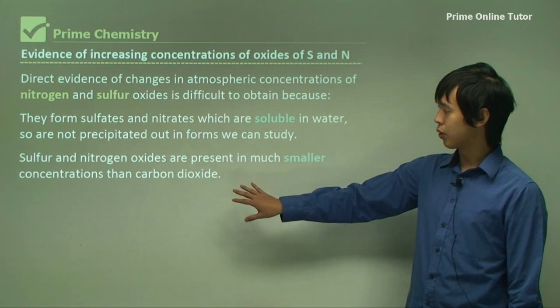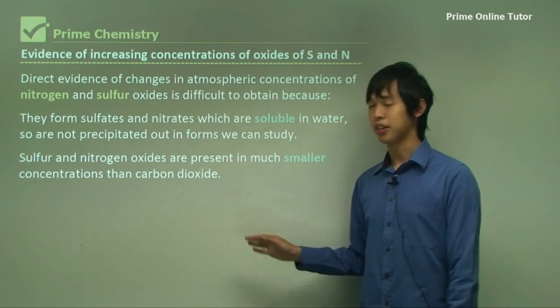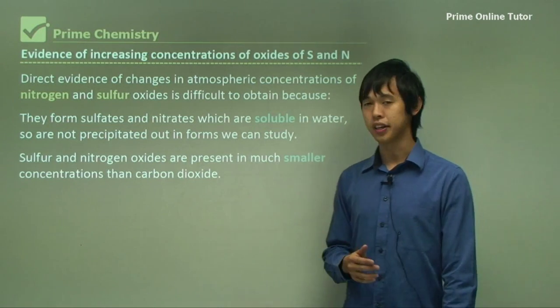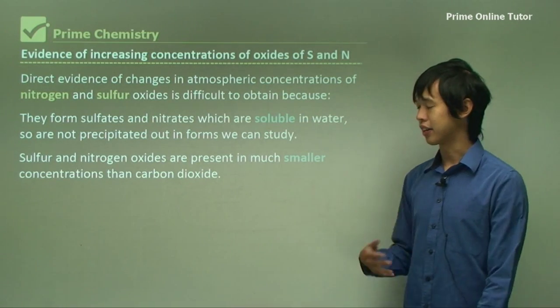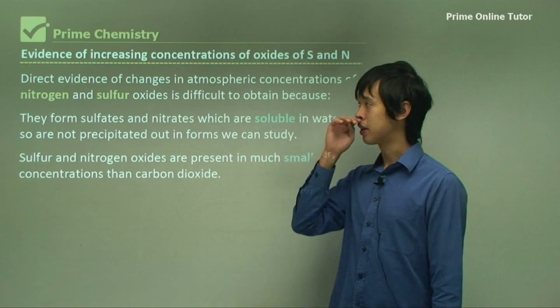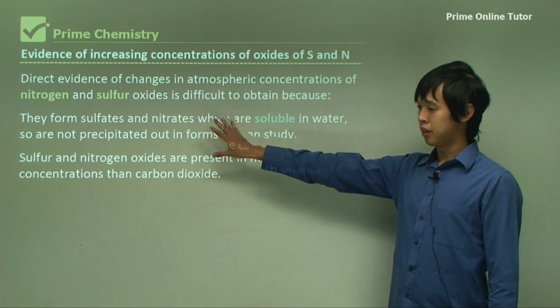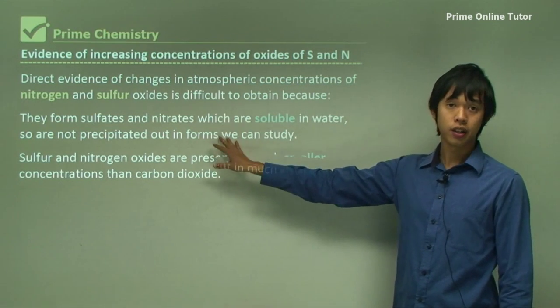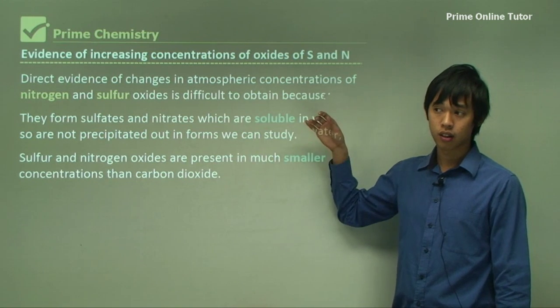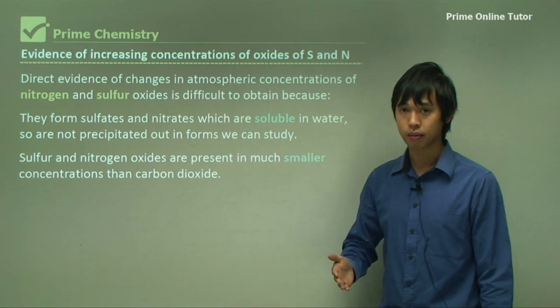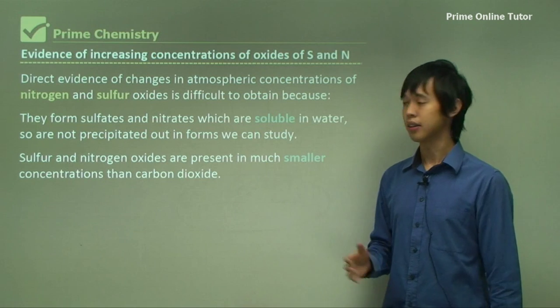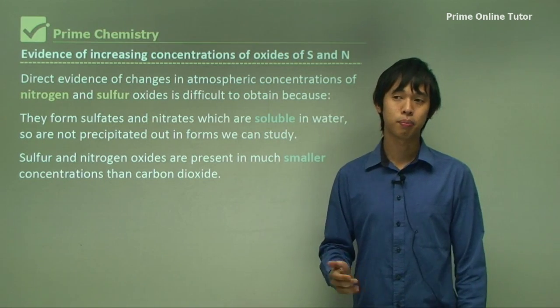Another thing is that sulfur and nitrogen oxides are much lower in concentration than other chemicals like carbon dioxide. As I mentioned, these sulfur and nitrogen oxides are both in the parts per billion measurement scale. Carbon dioxide is 400 parts per million.